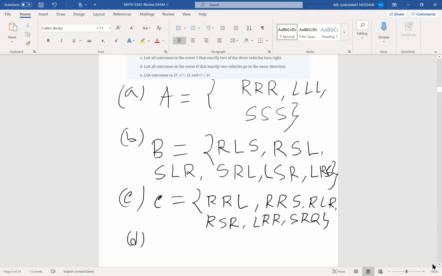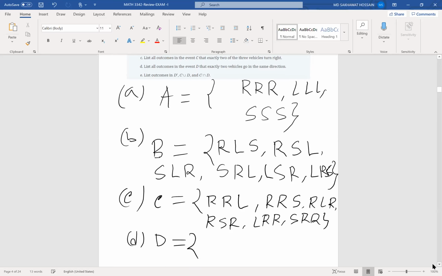Part D is event D, list all outcomes in the event D that exactly two vehicles go in the same direction. That means we can consider exactly 2R, which we already have. You can also consider exactly 2L and exactly 2S.